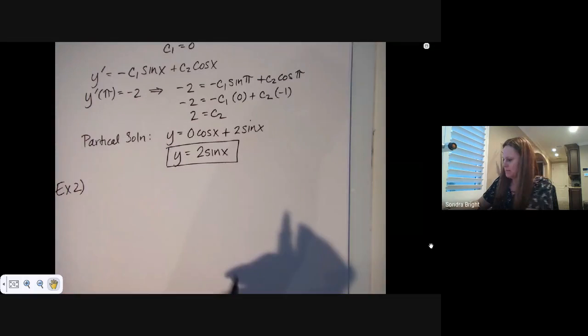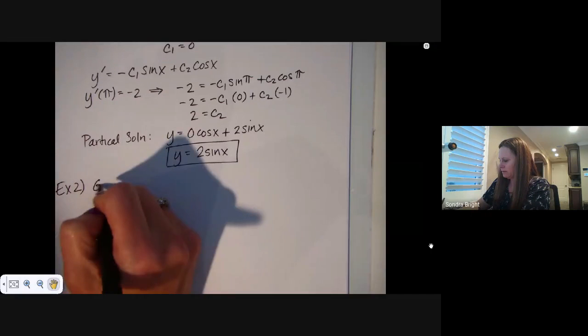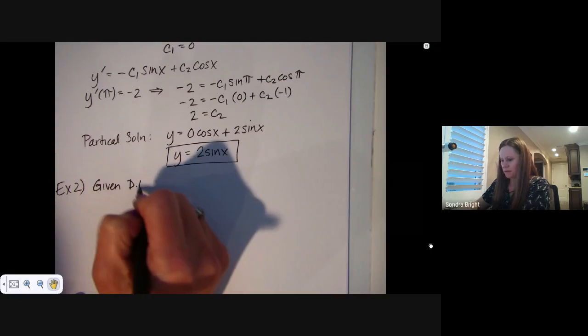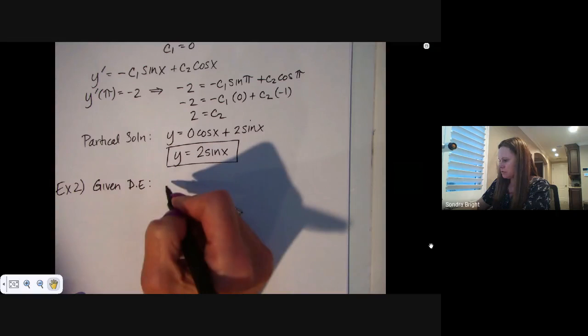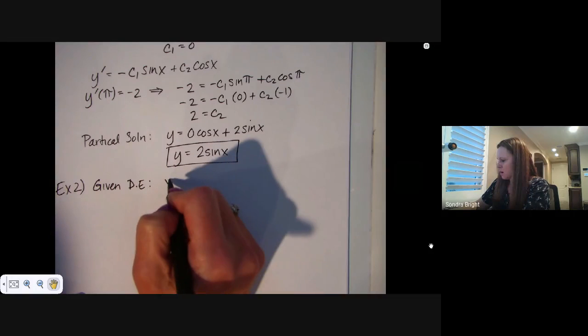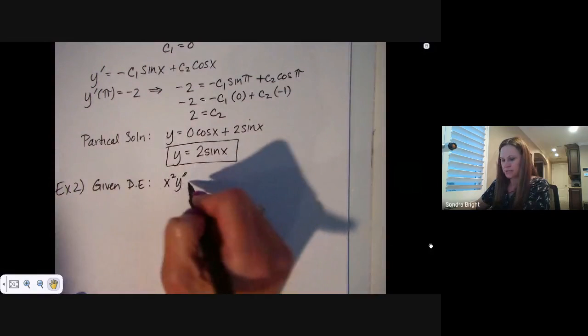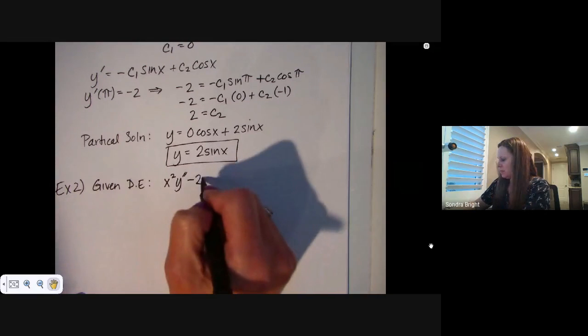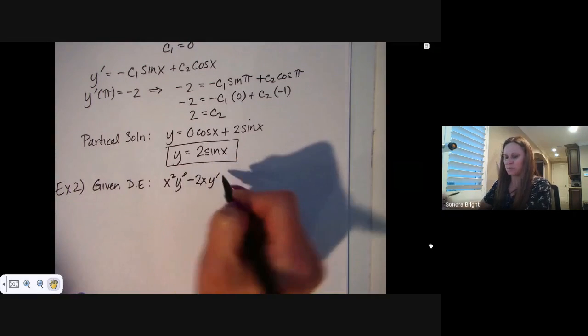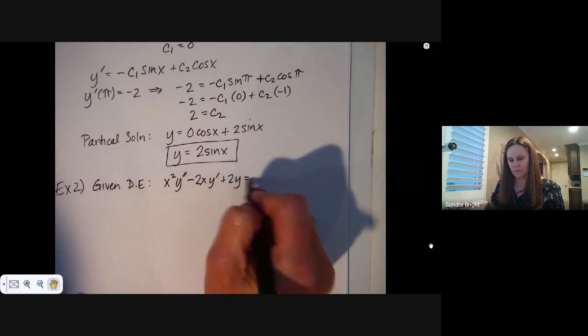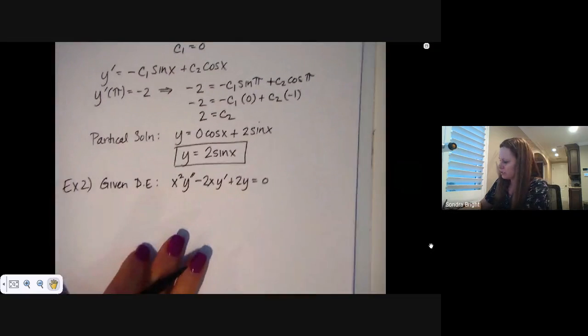This one says, given the differential equation, x squared times y double prime, so times the second derivative of y, minus 2x times y prime plus 2y equals 0. All right, so there's a differential equation.